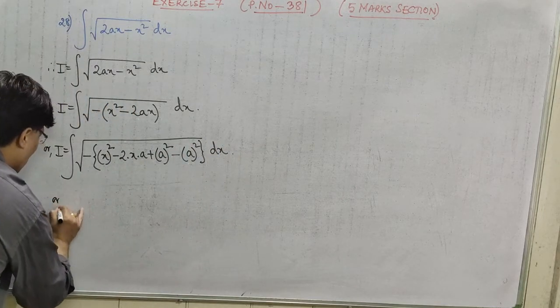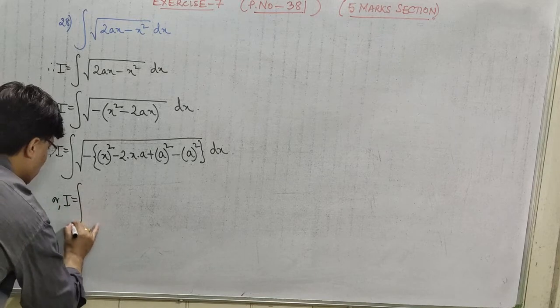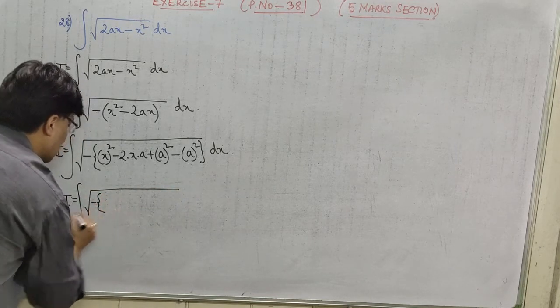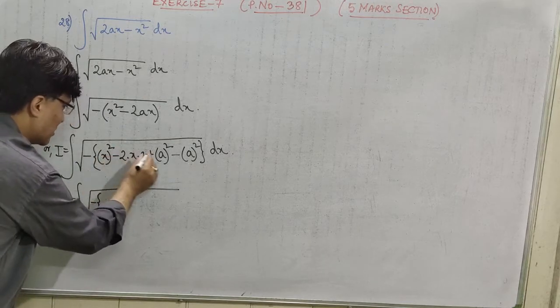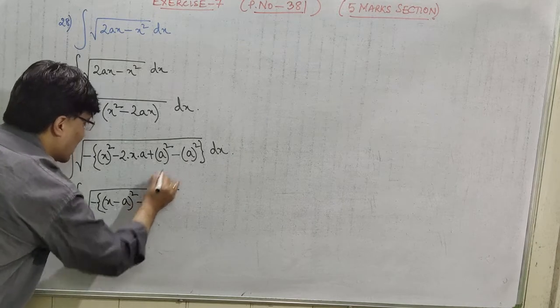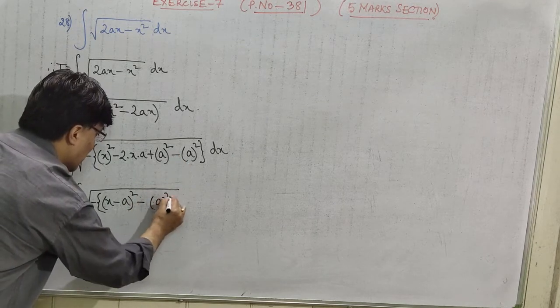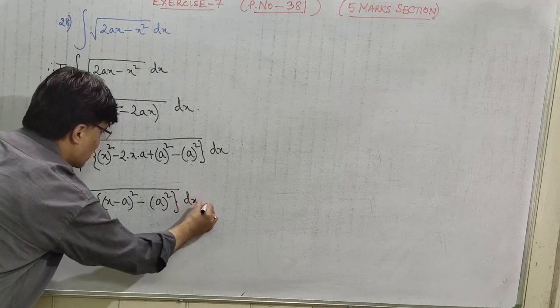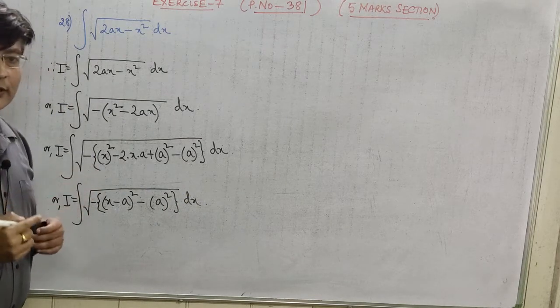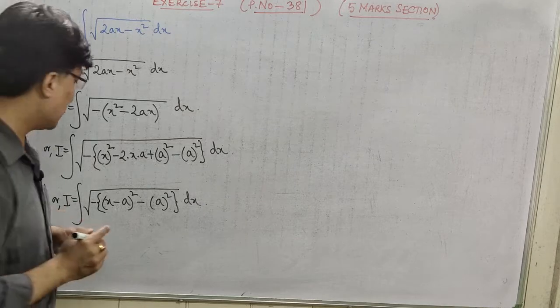Okay, or I is equal to integration of within square root minus within second bracket a square minus 2ab plus b whole square, that is x minus a whole square minus this is a whole square, second bracket close, then what do we write? Dx. Now within square root let us multiply by minus sign.